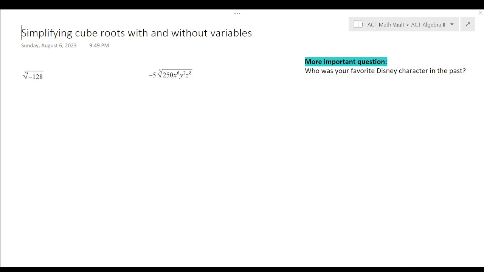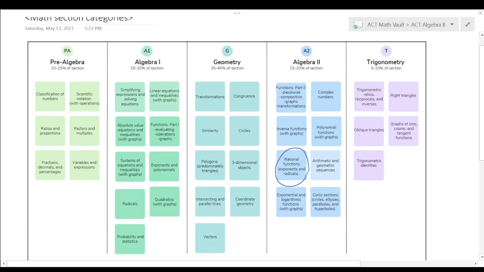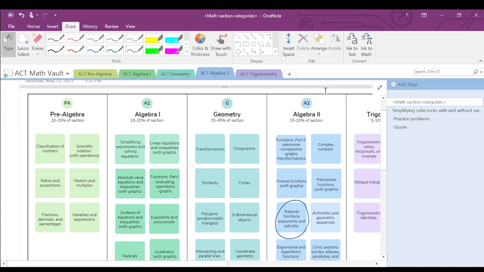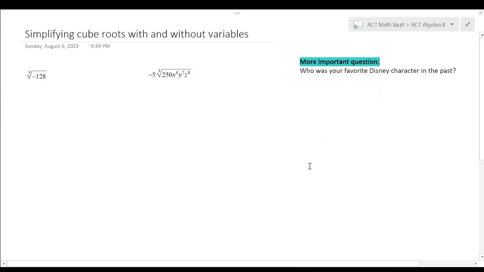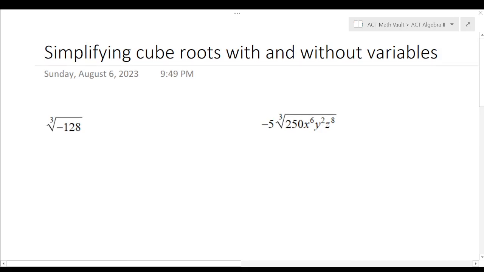Before we dive in, let's talk about the math section as a whole. In Algebra 2, you'll see a lot of exponents and radicals, including rational functions. These two problems have cube roots instead of square roots.